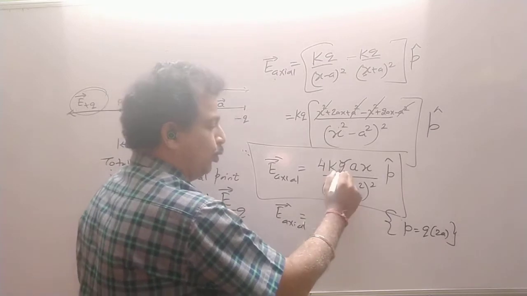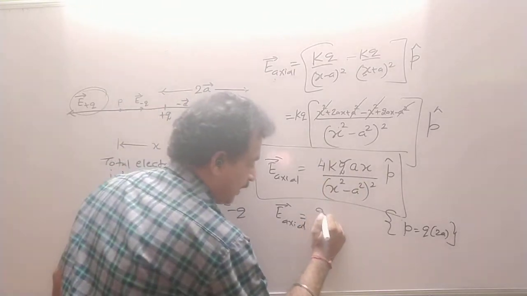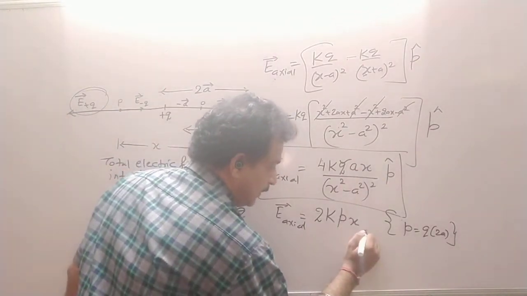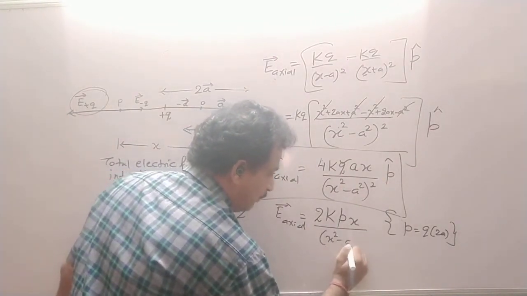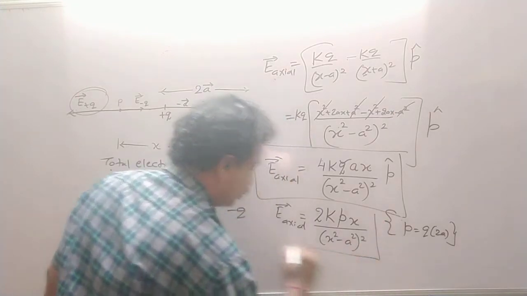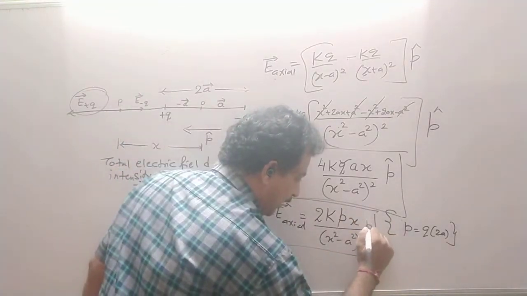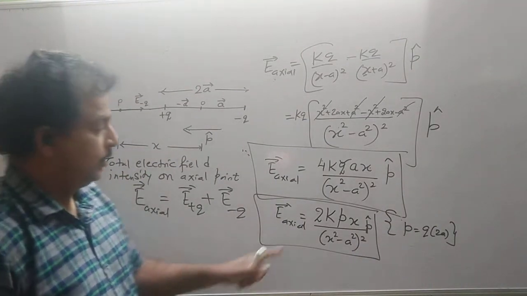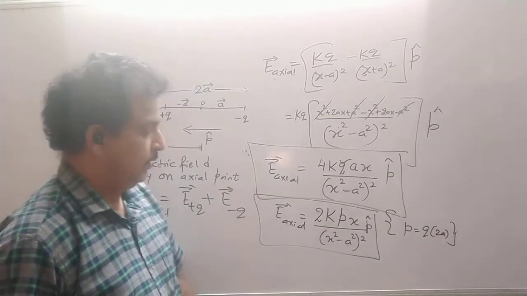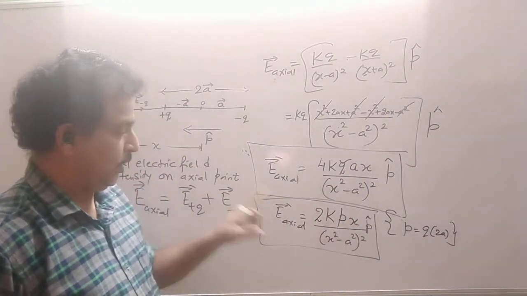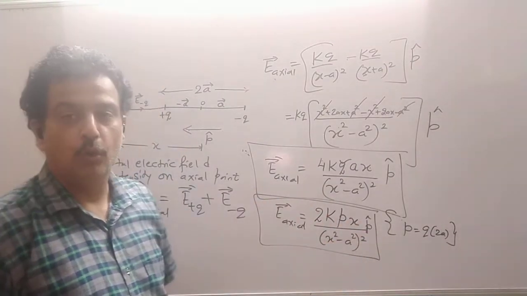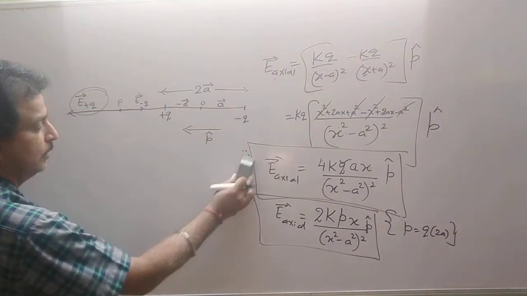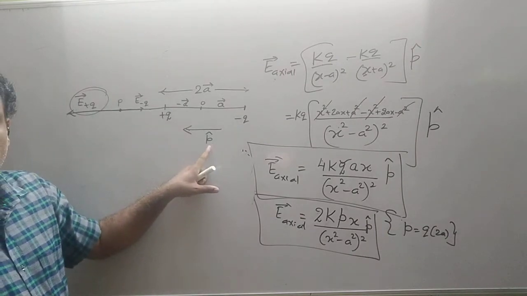So we give 2a to this quantity, it becomes 2kp x upon x square minus a square whole square, and the direction is P cap. So our final answer is 2kpx P cap over x square minus a square whole square. So the resultant electric field intensity is along the direction of a dipole moment.